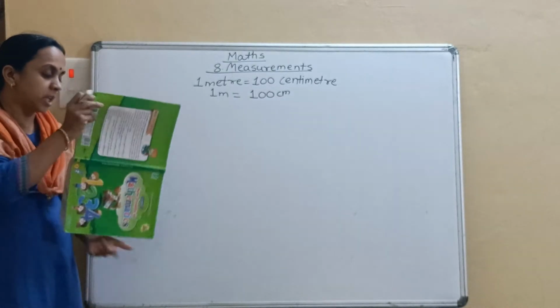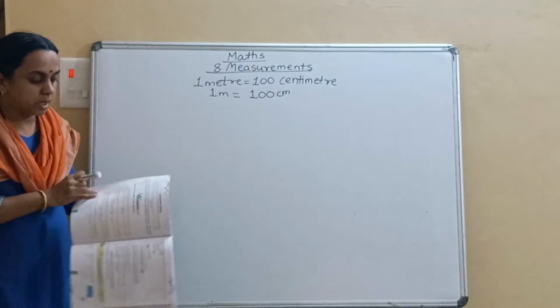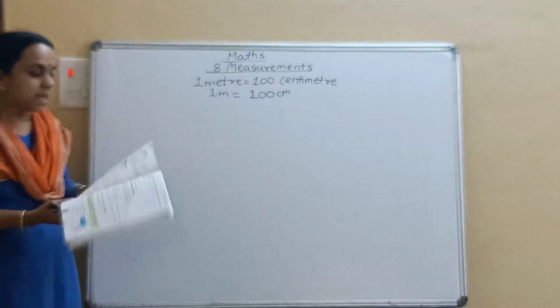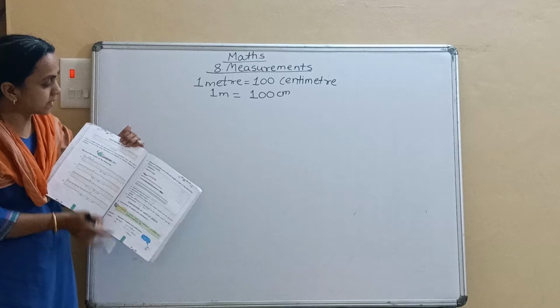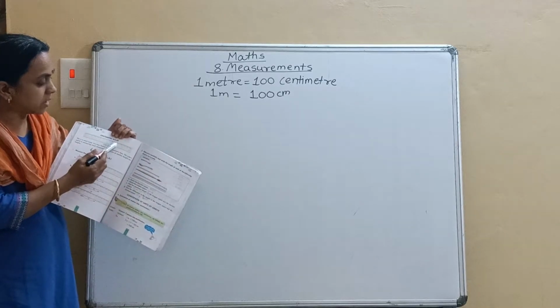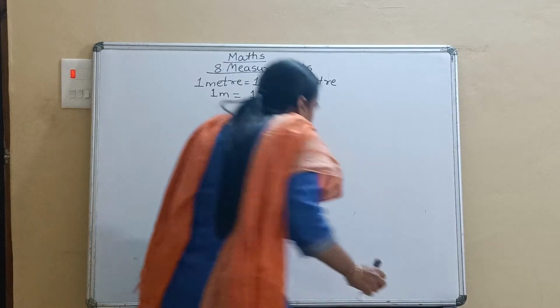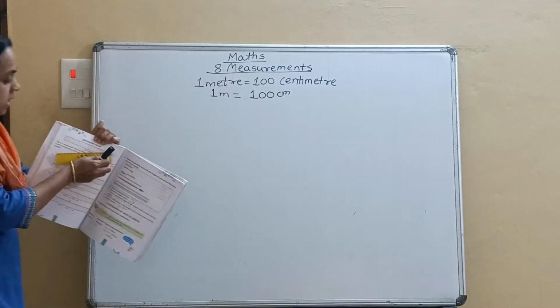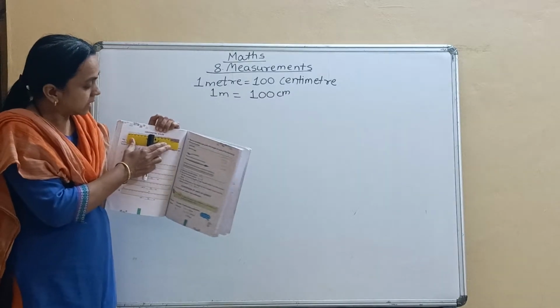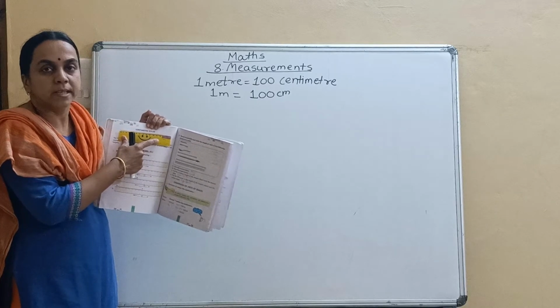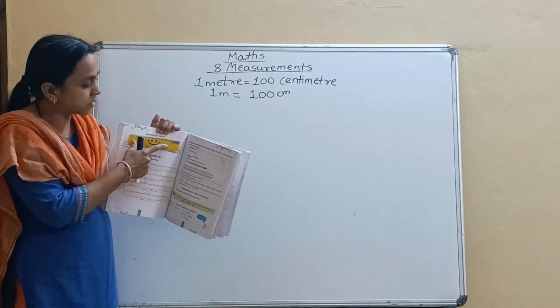Now see your page number 136. So you can see here centimeter ruler. What is the meaning of centimeter ruler? Centimeter ruler is nothing but our scale that is present in our compass box.